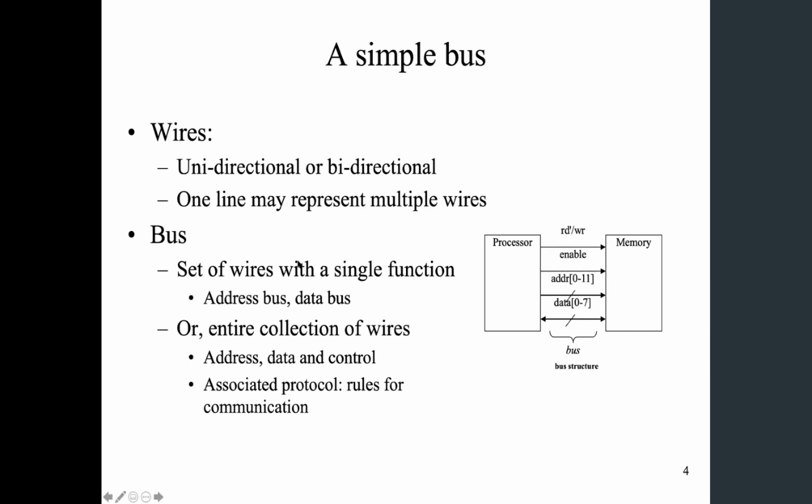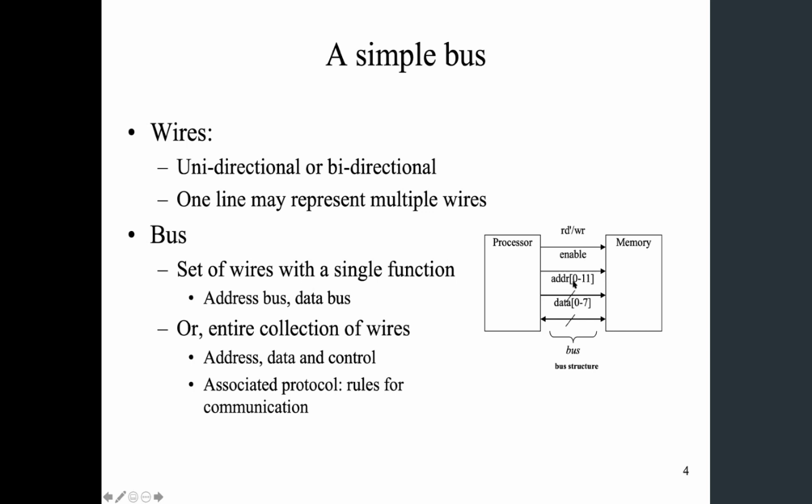A bus is a set of wires with a single function. We can have an address bus, which is used for transferring addresses, and also we see a data bus. In this case, we have both an address bus and a data bus. And for the address, as you can see, it's one directional or unidirectional, and it carries a number of signals.